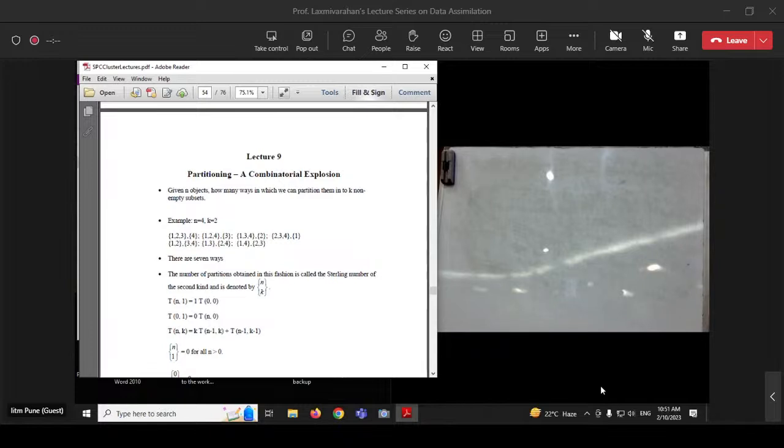K itself is given. And then the number of members in each one can be varying. We have already alluded to that. So theoretically, given a classification problem, how many different ways can I classify n objects into k subsets?